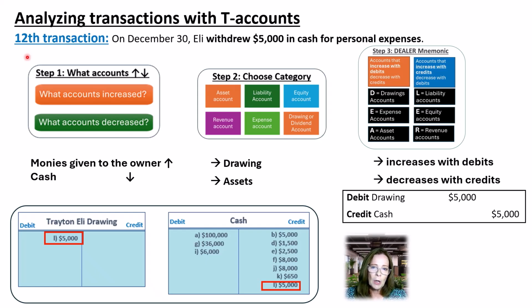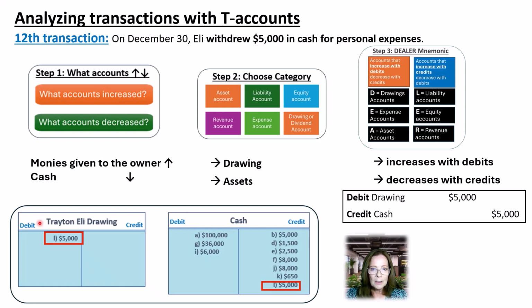Monies given to the owner are classified as drawings, and drawings, according to the DEALER mnemonic, increase with debits. That is why we're debiting the drawing account for $5,000. The amount for the cash account decreased, and cash is an asset, and assets decrease with credits. That is why we credit the cash account for $5,000.